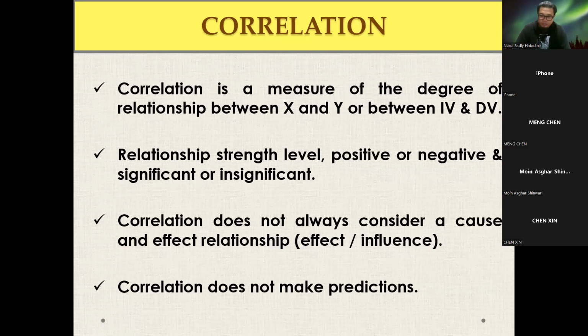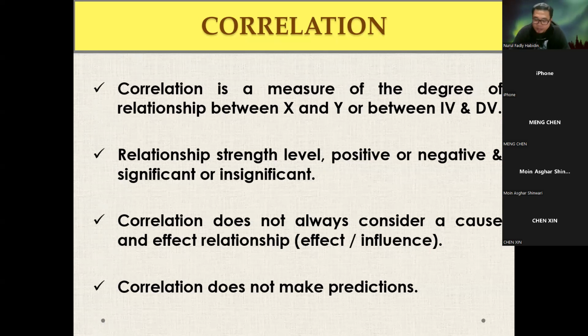From the result, we can say whether it represents a positive or negative relationship, high, moderate, or low, and also significant or not significant. Correlation does not always consider the cause and effect relationship. We cannot claim influence because we only know about the correlation.